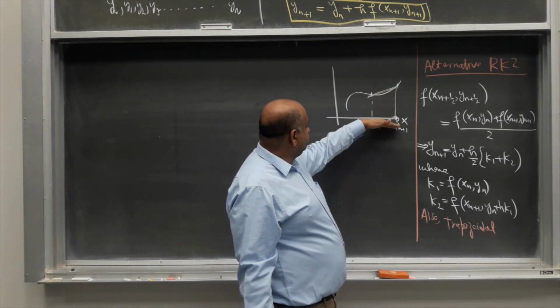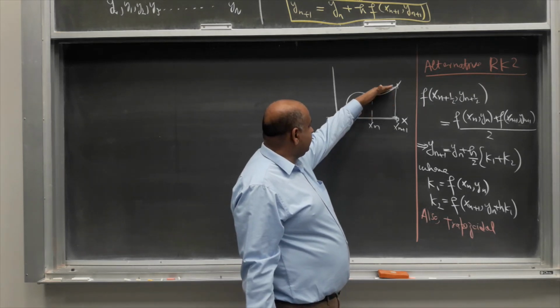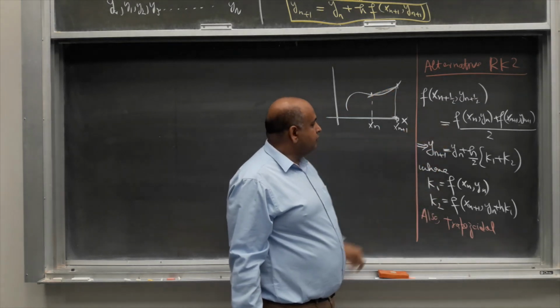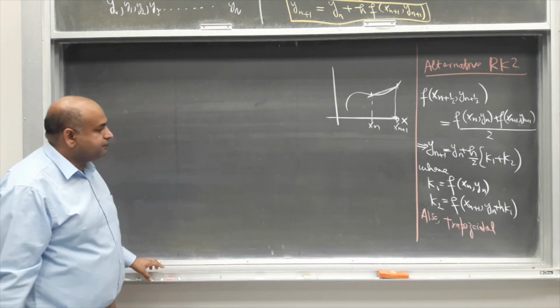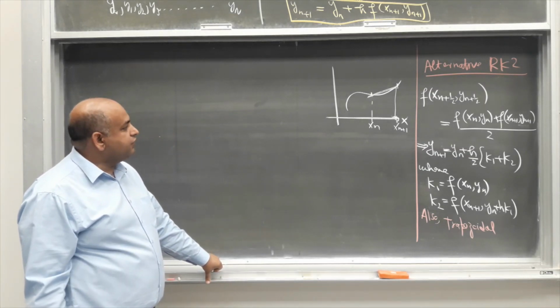And if we use this representation for f of x, y to approximate with a line, and we integrate, we get the same result. Okay, so this is how we derive the RK2 method.